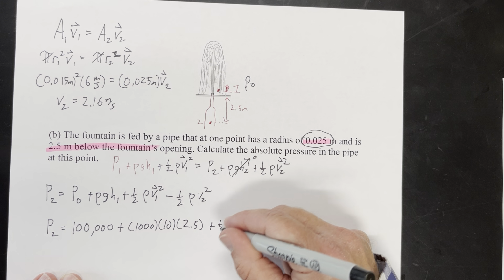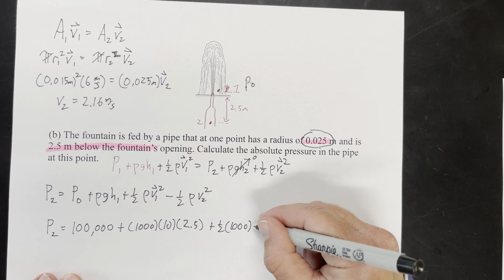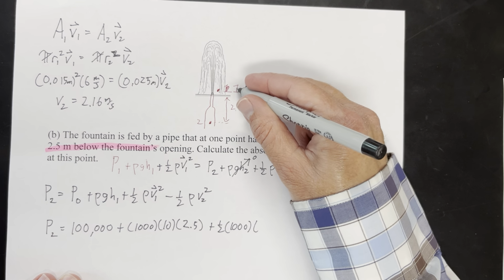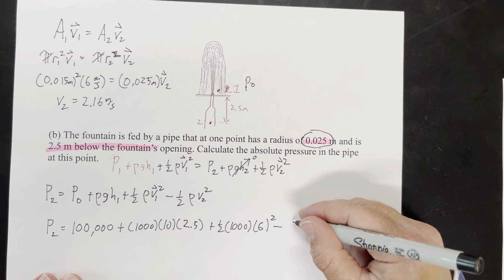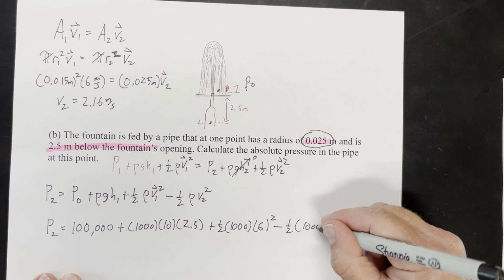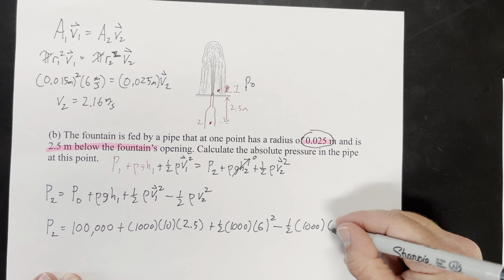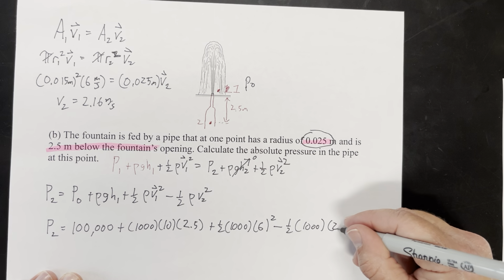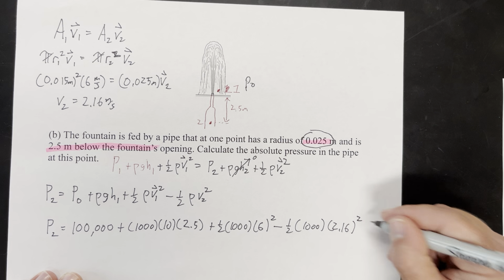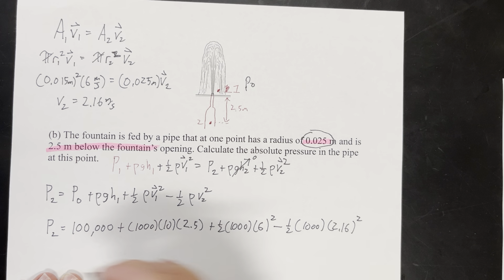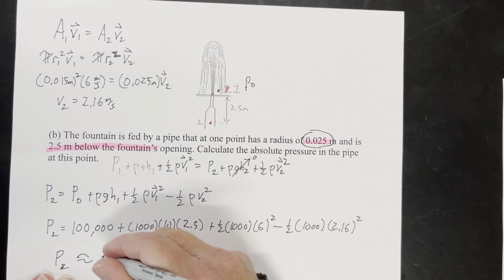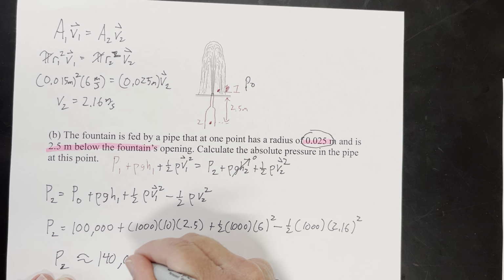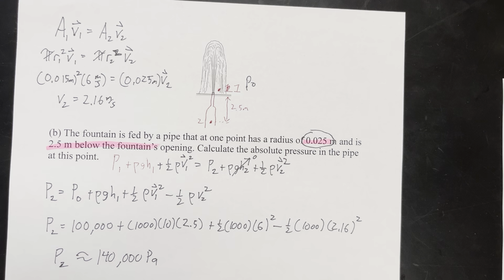And then add in this term, 1/2 times the density of water, 1,000, times the velocity at 1, the opening, be careful, that's the 6 meters per second squared, minus 1/2 times the density, 1,000, times the velocity at point 2, which was the 2.16 meters per second. Don't forget to square it. Do all of that algebra, and you will get that the pressure at point 2 is roughly 140,000 pascals, depending upon where you round off there.